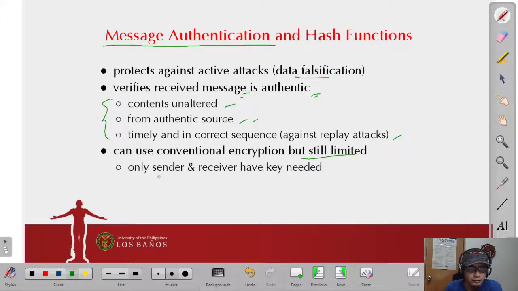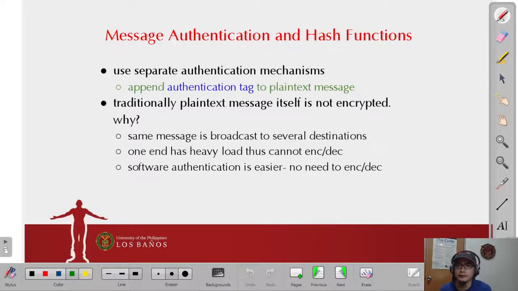The main idea of why the traditional or conventional encryption works for authentication is, as long as the sender and the receiver are the only entities that have access to the shared key, then it is guaranteed that the message is authentic, provided that the sender and the receiver only are the ones who have access to the key.